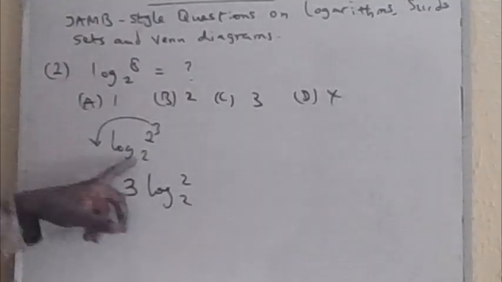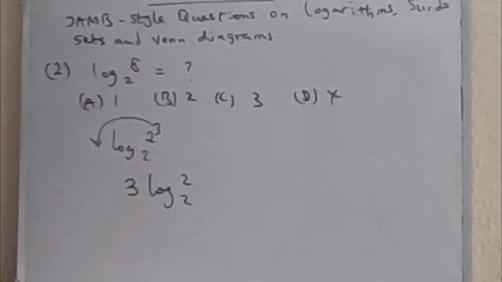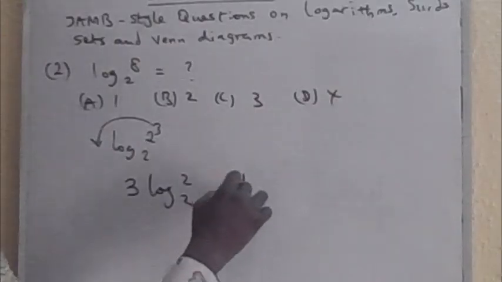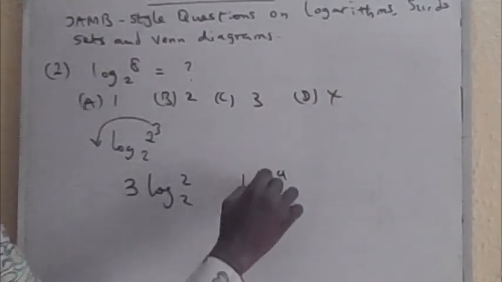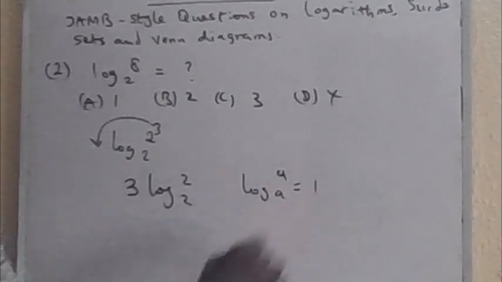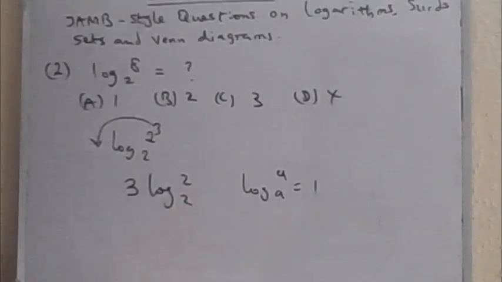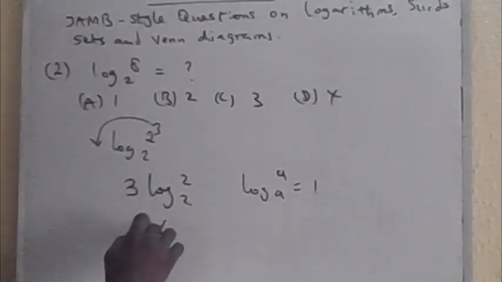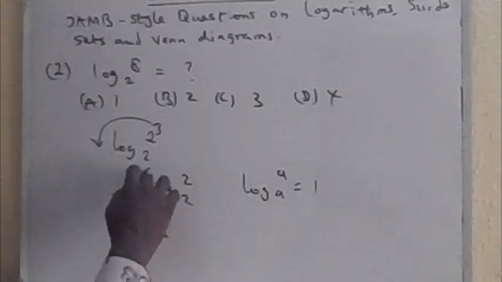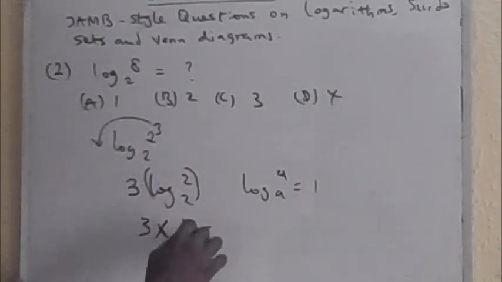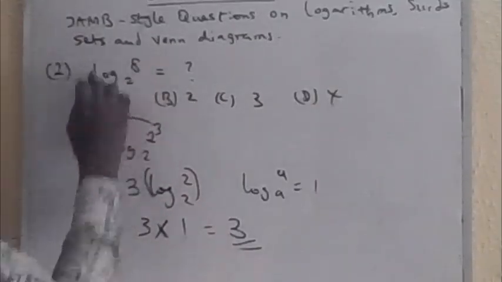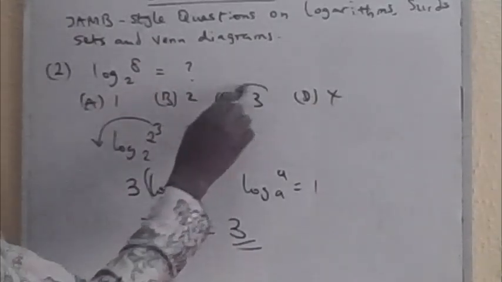Again, we know that log of any number to the base of that number is 1. So log of 2 to base 2 is 1. So 3 times 1 is 3. So for log 8 to base 2, the answer is 3. That's option C.